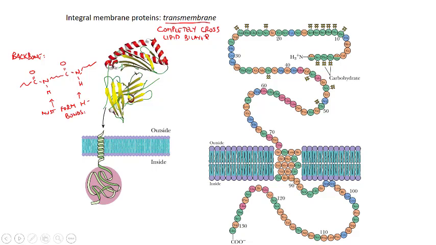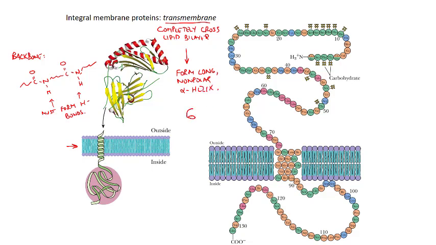But if your peptide backbone is buried in the lipid bilayer interior, there's not going to be any water around for them to hydrogen bond with. And they definitely cannot hydrogen bond with fatty acid chains because those are just hydrocarbons. They can't form hydrogen bonds. So the way that most integral membrane proteins solve this problem is they form a very long nonpolar alpha helix.